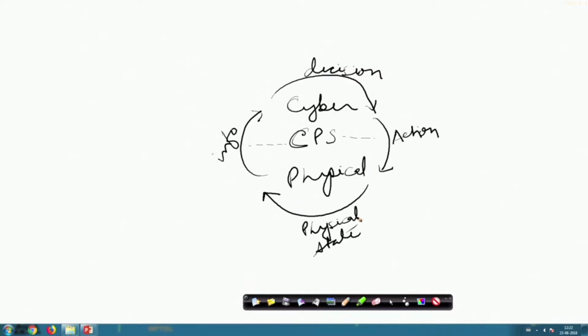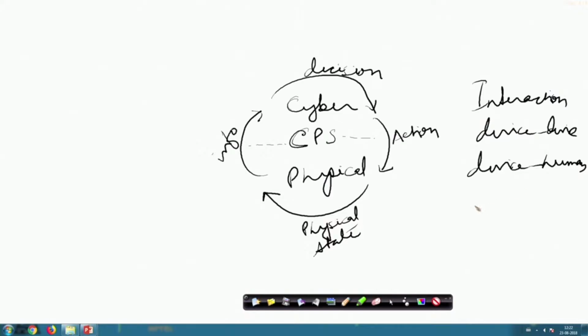What we can see here is interaction primarily between devices, device to device, but it could also be device to humans, or even human to human. All kinds of interactions are going to happen, but this is basically the kind of loop that we are talking about. This loop is going to take effect.